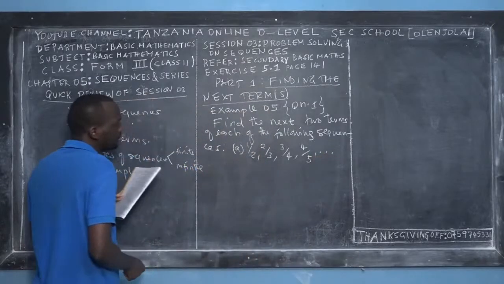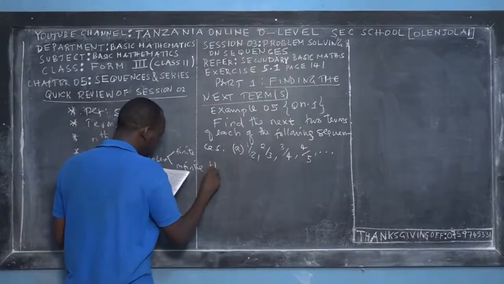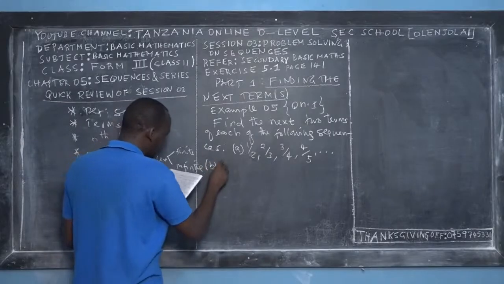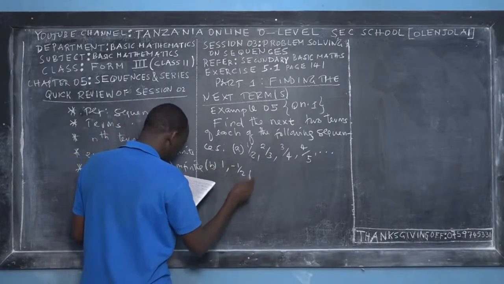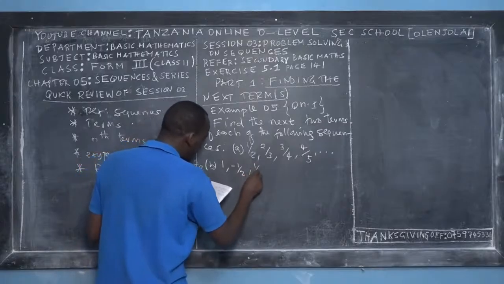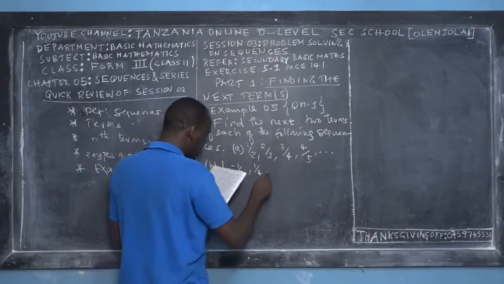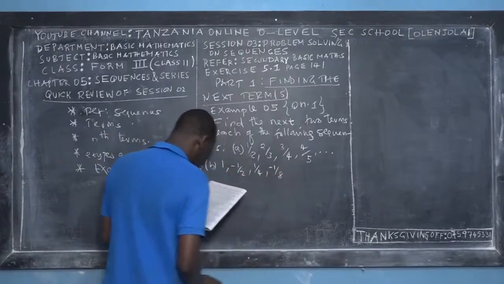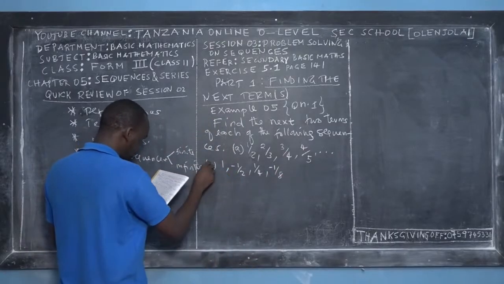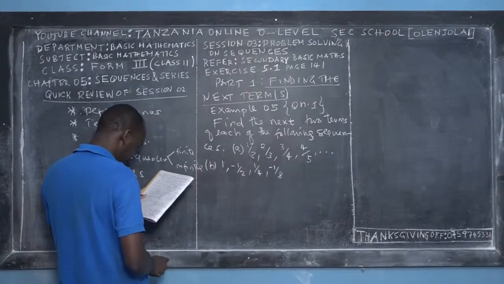So this is the first sequence. Part B is 1, -1/2, 1/4, -1/8. That is B.